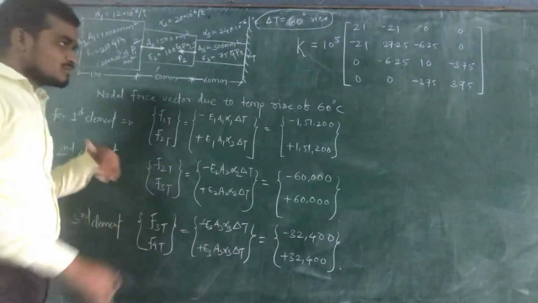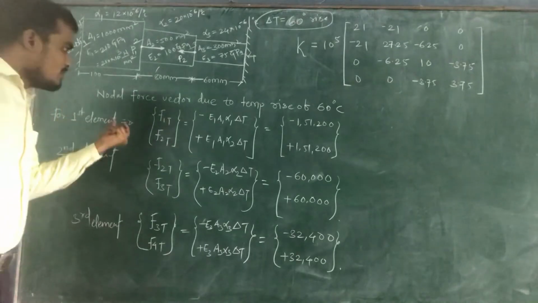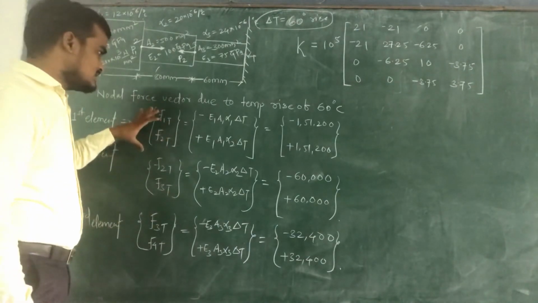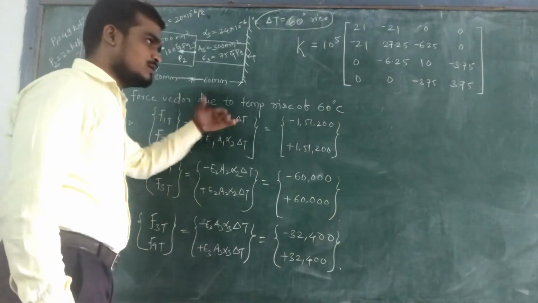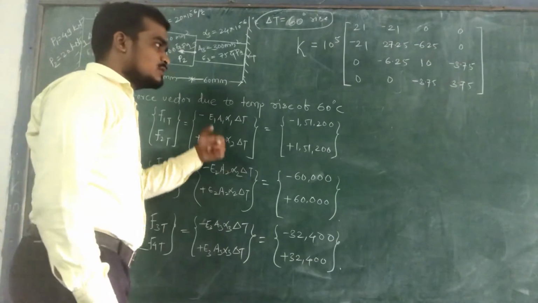Now, we need to construct the global force vector due to temperature rise only. Here, these are the elemental force vectors due to temperature rise. We need to construct it to get the nodal force vector due to temperature rise.